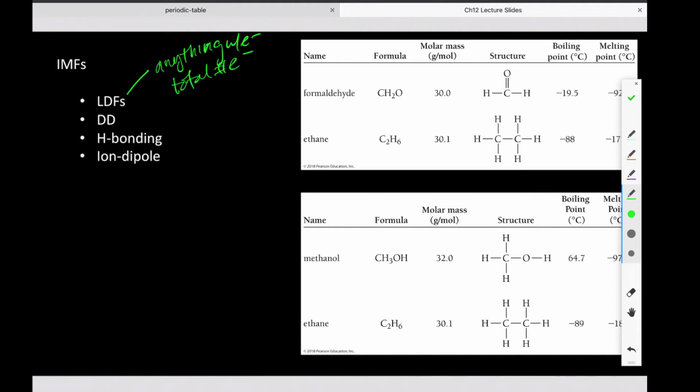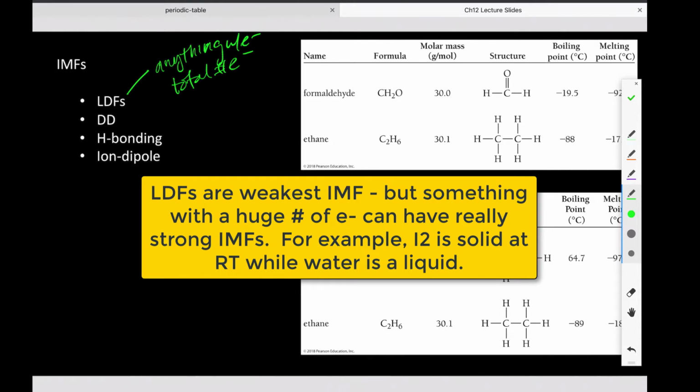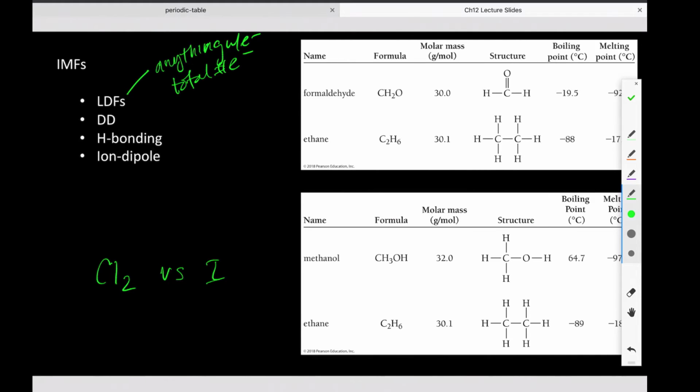So if we're going to rate the LDF of one thing relative to another thing, it's simply based on the total number of electrons. So if I asked you to compare the LDF between Cl2 versus I2, right, first you would need to decide, well, are LDFs the only IMF? And the answer would be yes, because these are nonpolar molecules, right? So that would be step one. Step number two, which has the greater total number of electrons?